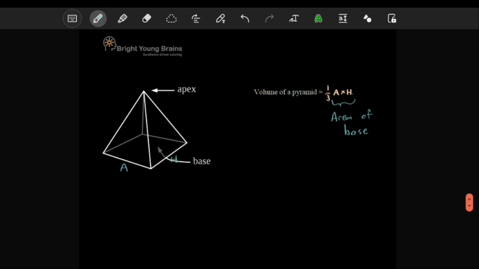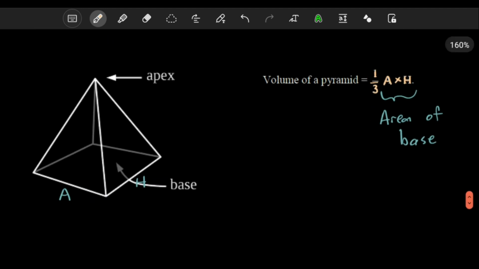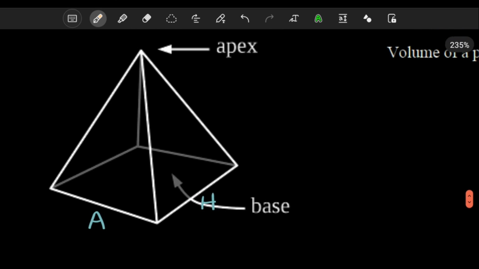So the idea now is with a pyramid, obviously you may be thinking to yourself, but then how do you get the surface area of a pyramid? With the surface area of a pyramid, they have to have given you quite a bit of information. For example, all you will need though is this slanted height over here.